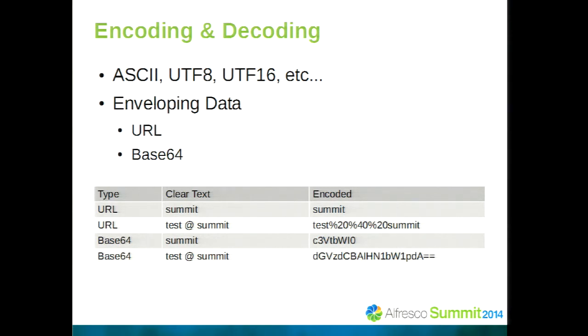The next thing I want to talk about is just encoding and decoding. It's a completely different use case. In computers, you have your bits and your bytes, and how you represent that stuff to a user is an encoding of it.